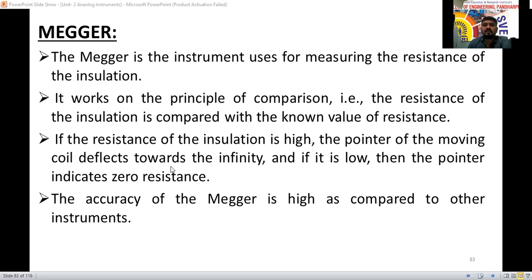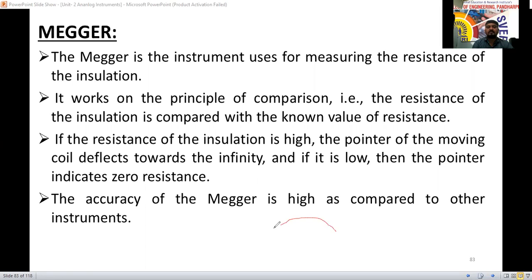Okay. If the resistance of the insulation is high, then the pointer will deflect towards infinity. For high resistance, it will deflect towards infinity. It has two ends, like this.